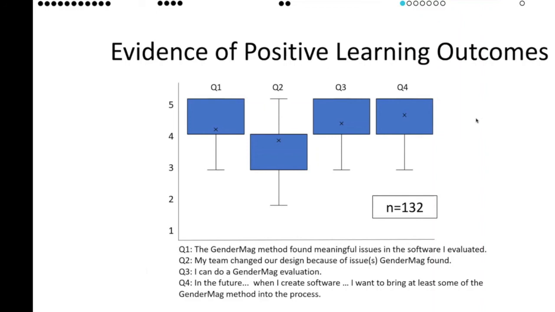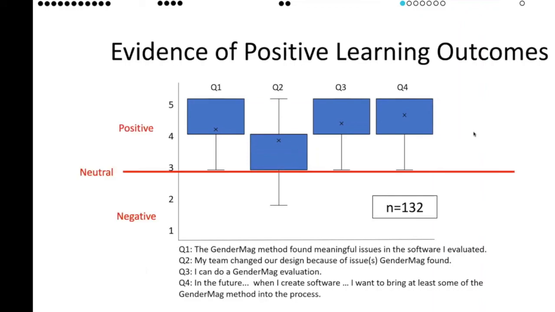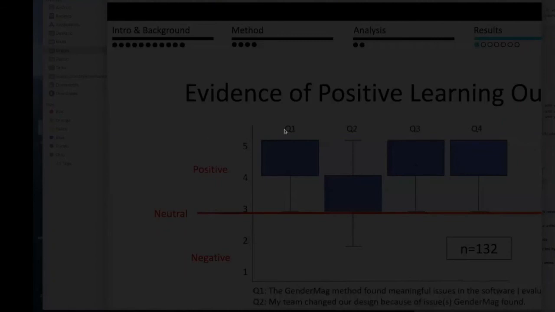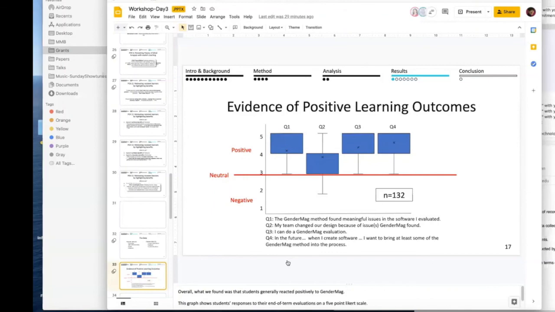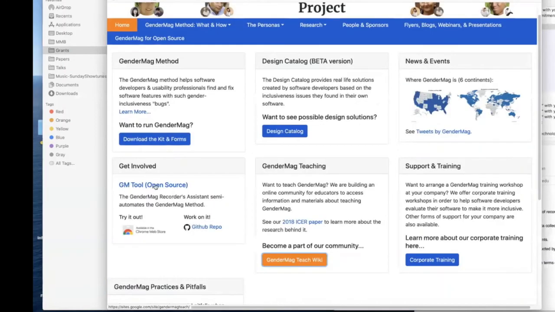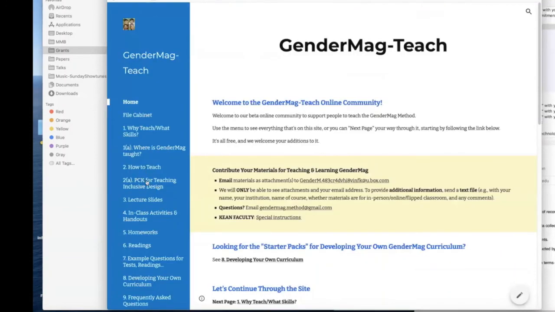So that is everything I really wanted to say, I think, about the PCK, except to just point you to where you can look at it. So again, we'll go to the same GenderMag Teach site that we've been hanging out on so much. It's item 2A on the nav bar under how to teach.